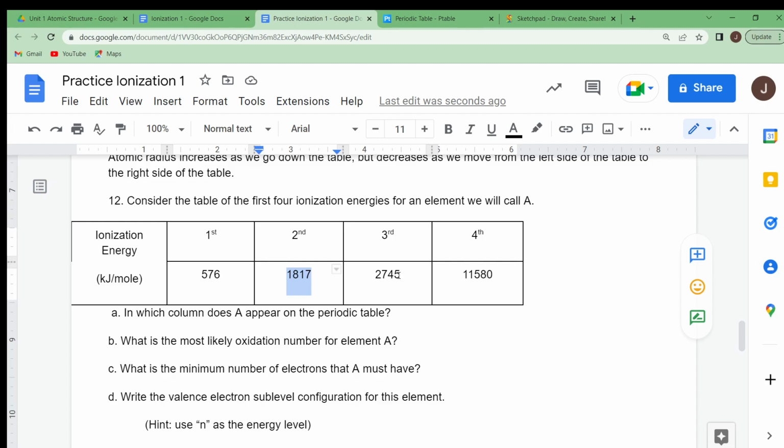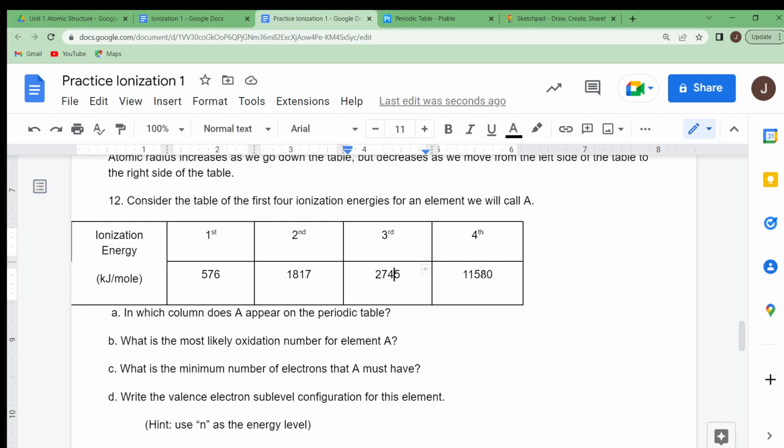From 1817, it goes to 2745, so it increases by about 900. And then from this one to this one, it looks like it increases by a power of 5. Okay, so it increases by a power of 3 and then a power of 5. So that shows us that there's something going on here between the 3rd and 4th.